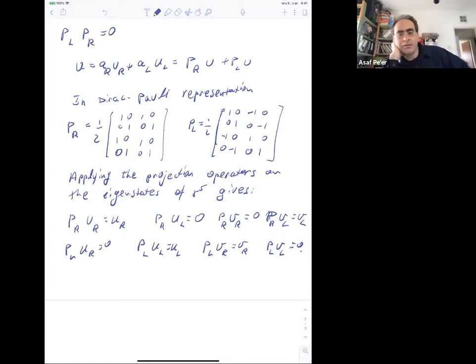There is the Weyl, also known as the chiral representation, which is handy to describe chiral eigenstates or chiral particles, and there is the Majorana representation, which was invented by Majorana to best describe fermions which are their own anti-fermions. We don't know of any such particles because they must have the same charge, so that means that they are chargeless. There is still the option that the neutrinos might be Majorana particles.